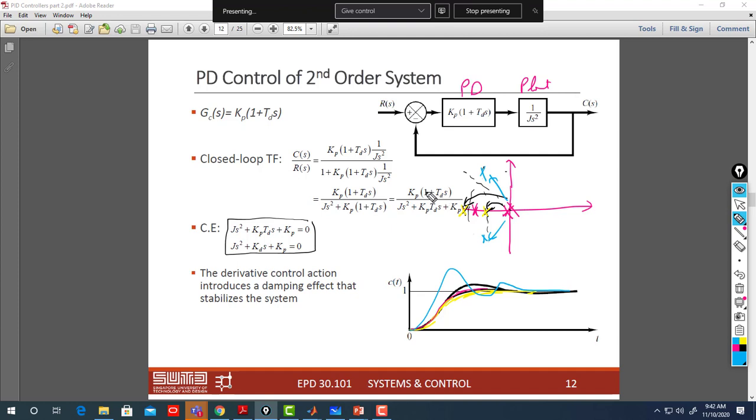The derivative term, as you can see, introduces a damping effect that stabilizes the system, which originally oscillated indefinitely, right? Because with proportional only you had two poles on the imaginary axis. So you get the effect of adding the PD controller on this type of system. Is it clear?